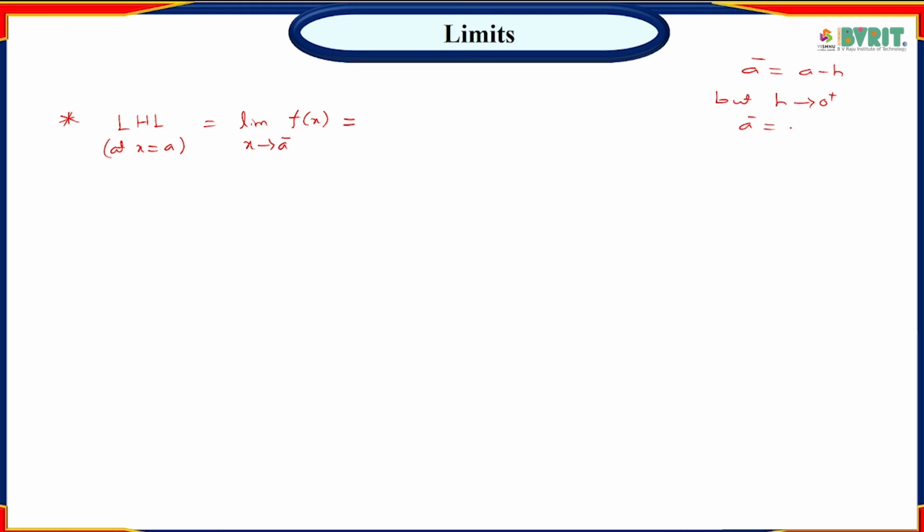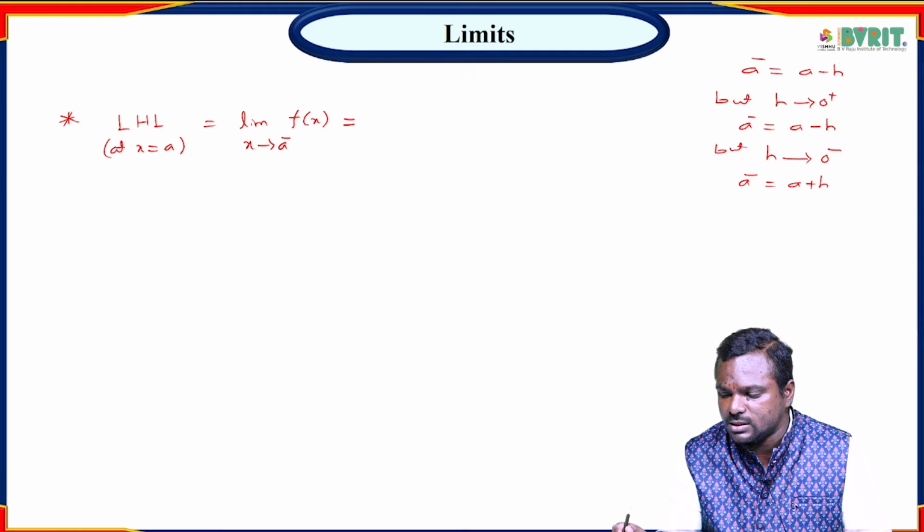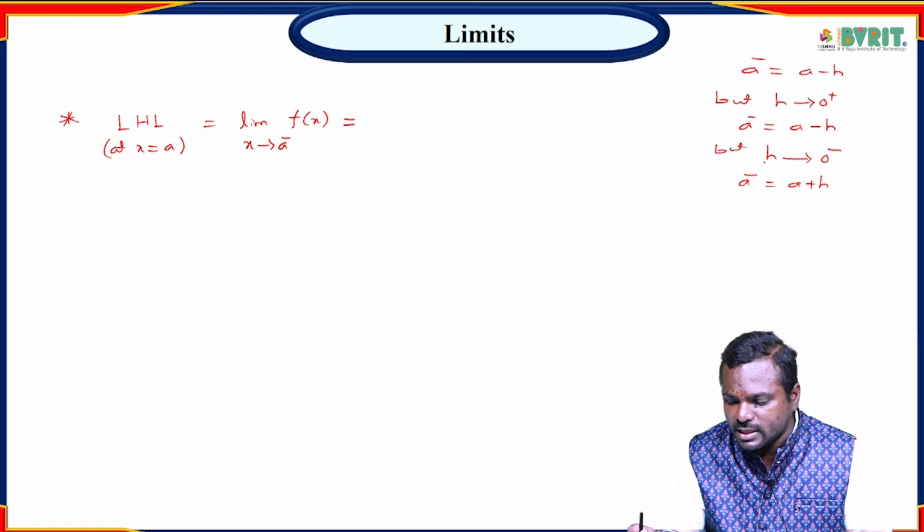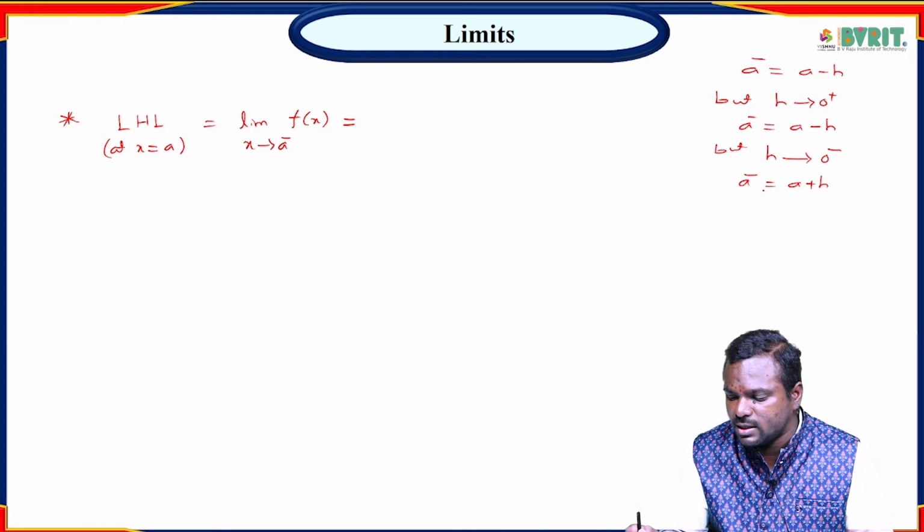If h tends to 0 minus, a minus is equal to a plus h. Here a minus is equal to a minus h when h tends to 0 plus, the h value is positive. In case the h value is negative, negative into negative is positive, so a minus is equal to a plus h.